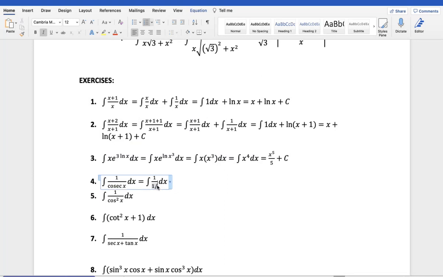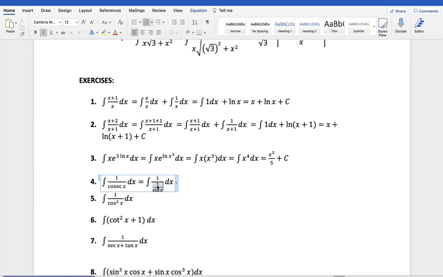So we have the integral of 1 over (1 over sine of x) dx, and that can just be equal to the integral of sine x. And the integral of sine x, we know, is just equal to negative cos x plus the constant of integration c.